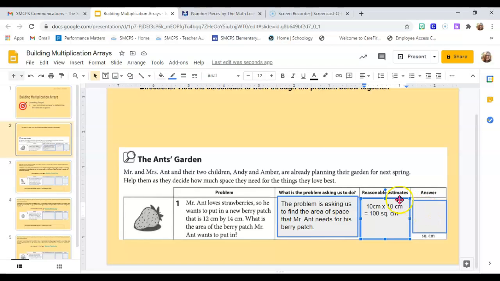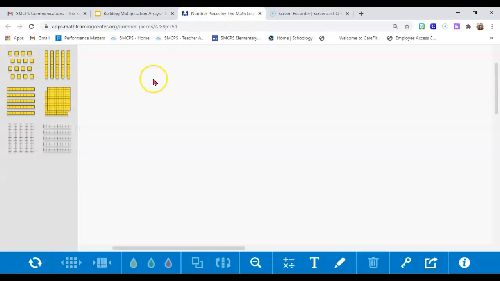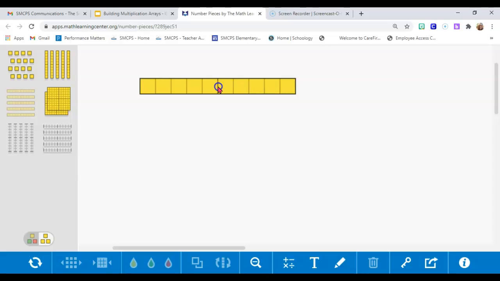To do this, we are going to use our number pieces in the Math Learning Center. Here we're going to use these yellow pieces. I need to make 12 and 14. I know that a strip is equal to 10, and I'm going to color that in red since we're talking about strawberries.